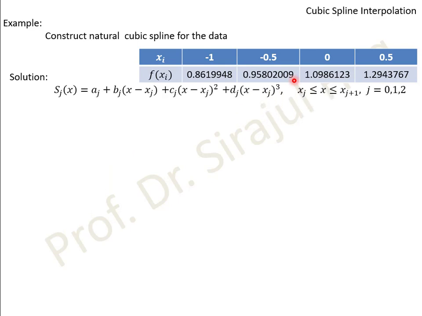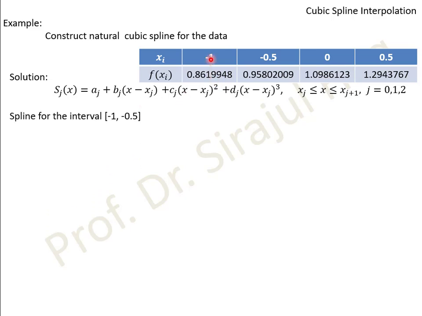Let's see how we can do it. This is the normal equation for the cubic splines. But remember, the value of n is 3, so j starts from 0 and reaches up to n minus 1, 3 minus 1 is 2. So you are having 3 splines in this case.